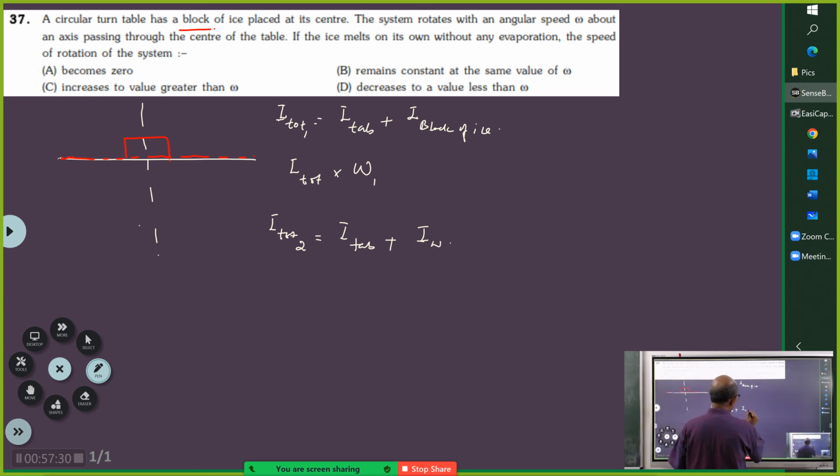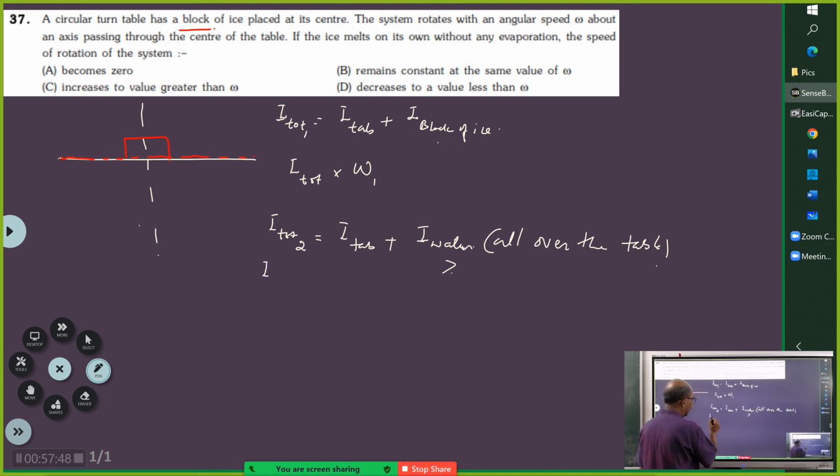Now the ice is in the form of water, all over the table. So the moment of inertia of this one will be greater than this, isn't it? Therefore, I total 2 will be greater than I total 1.